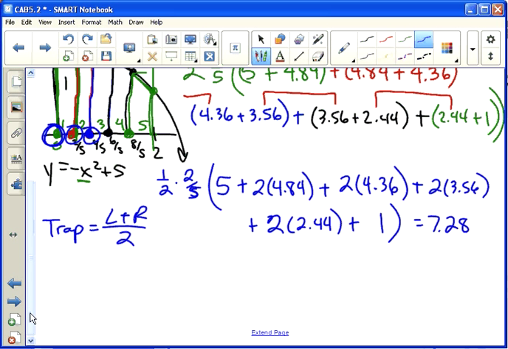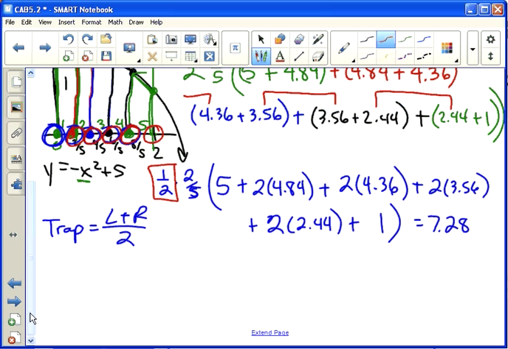And then for the right Riemann sum, we would use the right endpoint 2, 8/5, 6/5, 4/5, and 2/5. So if you look, our left endpoint and our right endpoint just got used once, but all the ones in the middle got used twice, and then we find their average by dividing by 2. So the trapezoidal sum turns out to be the same thing as the average of the left and the right.